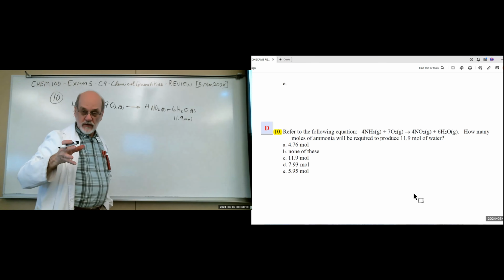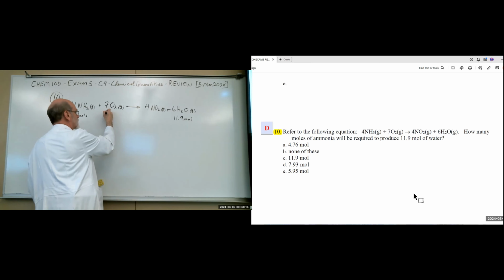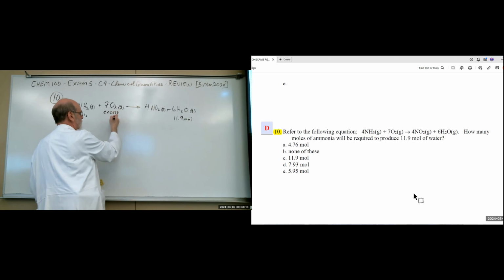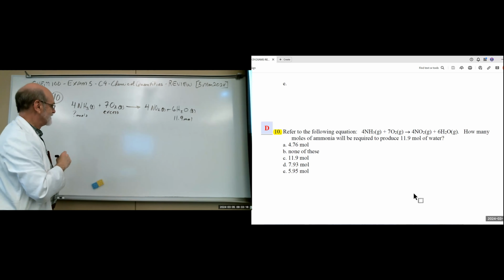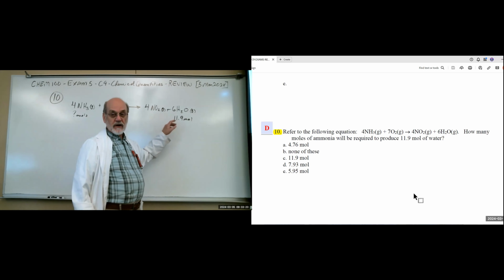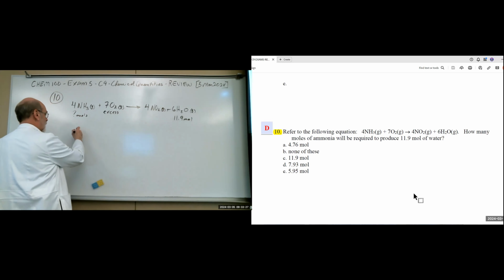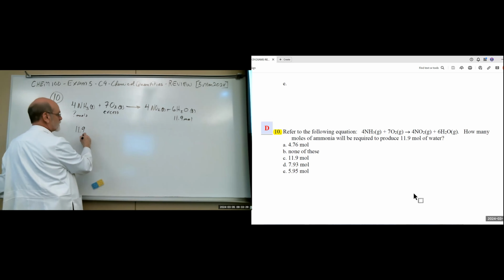We have to assume, since we're not told, that this one is in excess. Right? So, as long as you've got moles of one of your reactants or products, you can go anywhere you want in this balanced equation. All you need is coefficients.